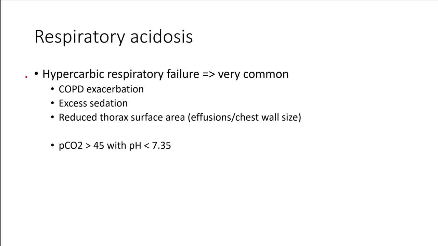Respiratory acidosis. So when are you going to see this? Very common with COPD exacerbations: air trapping, expansion of the thorax, poor exchange of CO2, and CO2 retention. When you excessively sedate somebody, they can develop respiratory acidosis if they stop breathing.